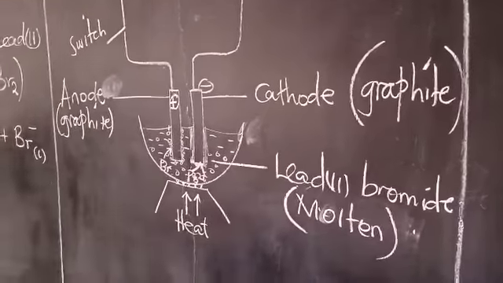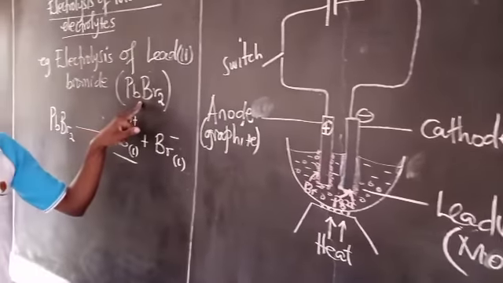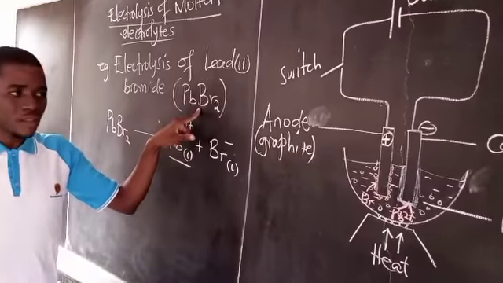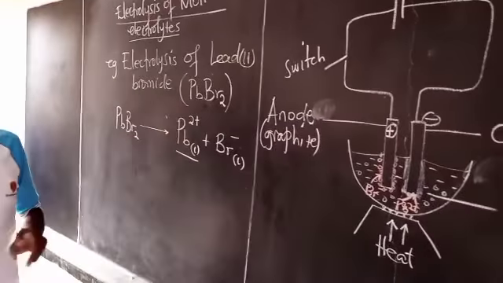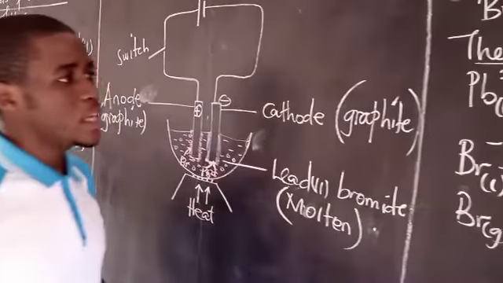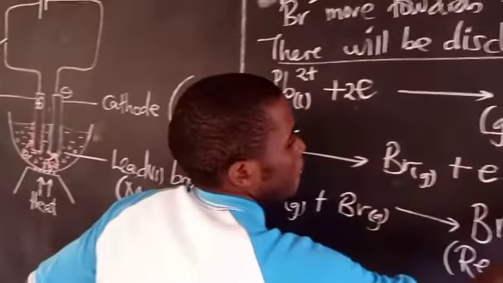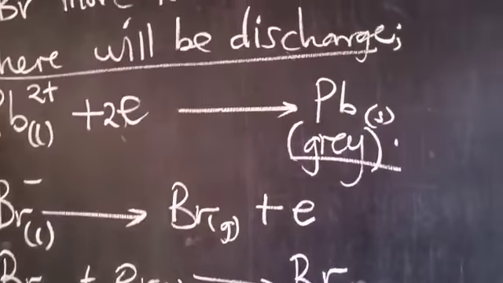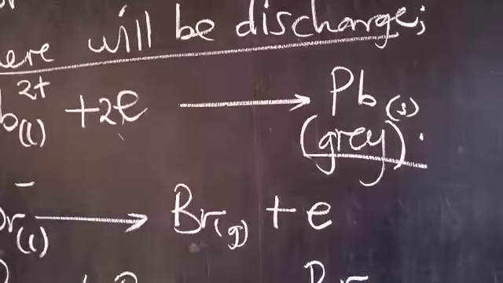What was a white crystalline substance has ended up decomposing into two substances. It has formed a gray coating, lead, and reddish-brown gas, bromine.